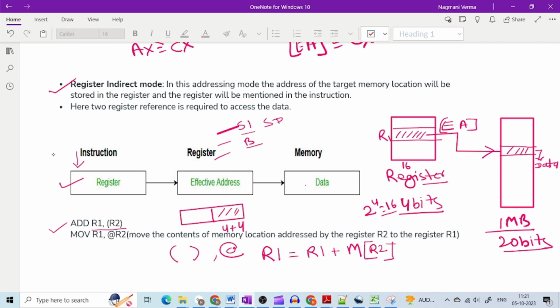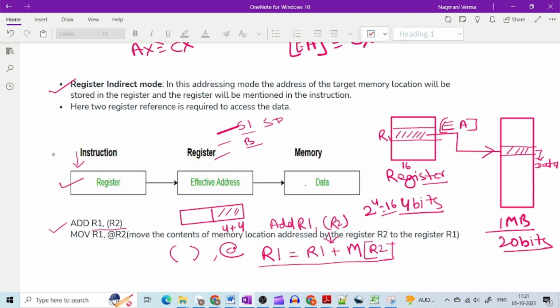So what it means is, it will go to the R2 register and that will be the effective address. From there it will go to the memory block and then find out the data. So this is the meaning of add R1 comma bracket R2.